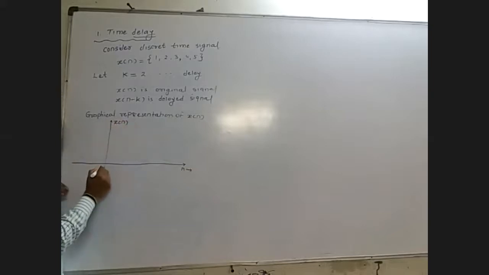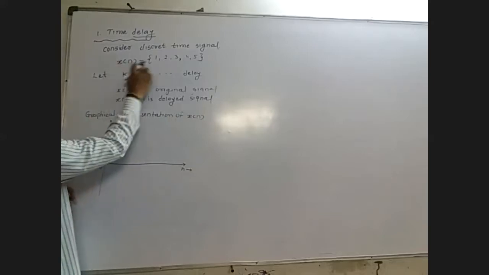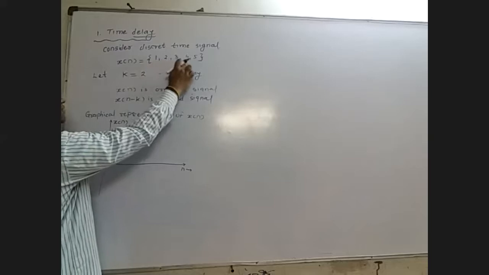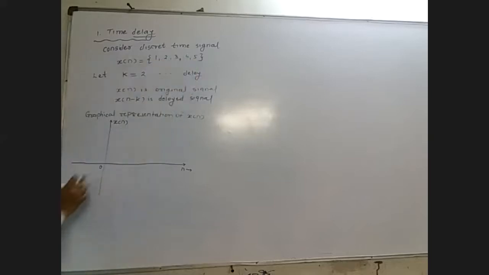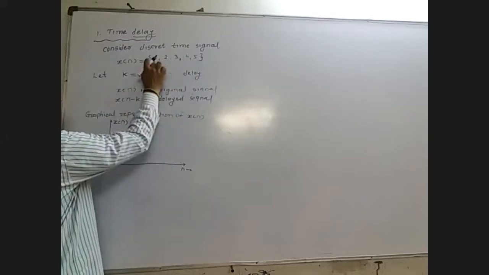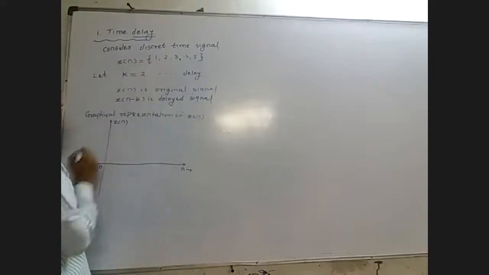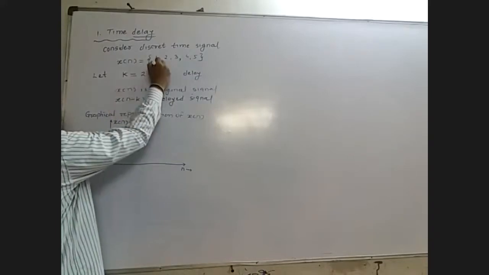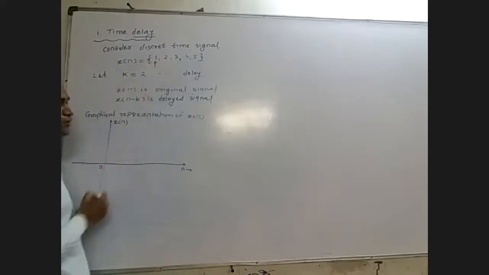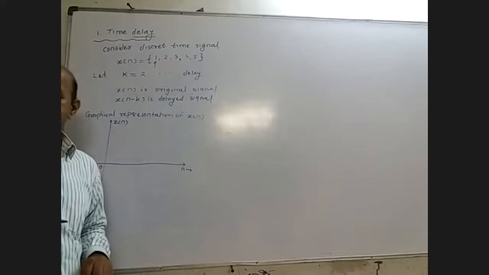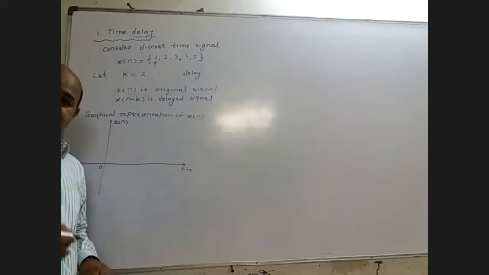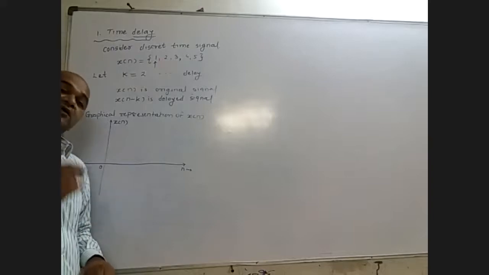Now this is the centroid point. We know x of n is 1, 2, 3, 4, 5. Here the value of n is 0. We consider an arrow mark. That arrow mark is not given in your problem, but I already told you if the arrow mark is not given in your problem, then you have to consider it. So the first number should be the origin point.